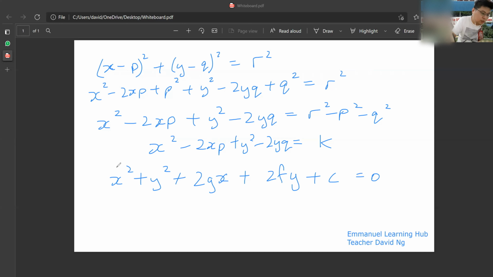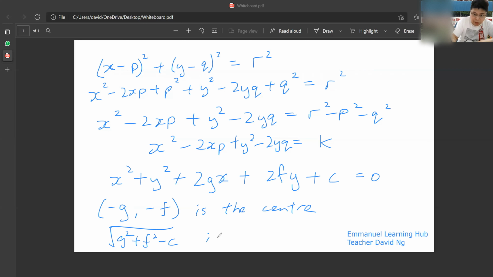And your (minus g, minus f) is the center. And your square root of g squared plus f squared minus c is the radius.